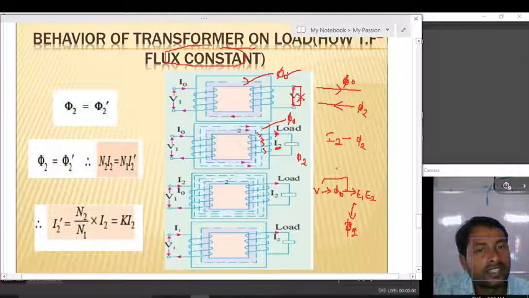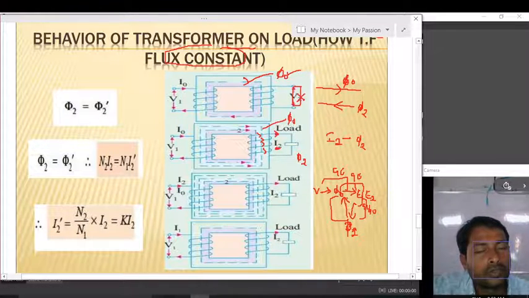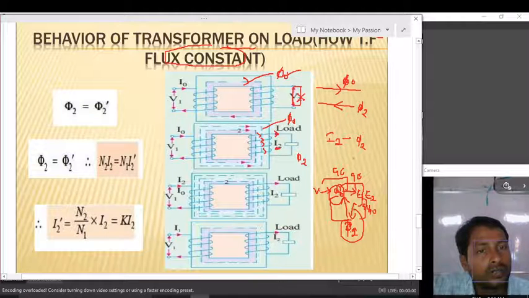Voltage to flux is 90 degrees, flux to voltage 90 degrees, and again voltage to flux 90 degrees. So the flux to flux is 180 degrees, and that's why phi naught and phi 2 are opposite in nature.